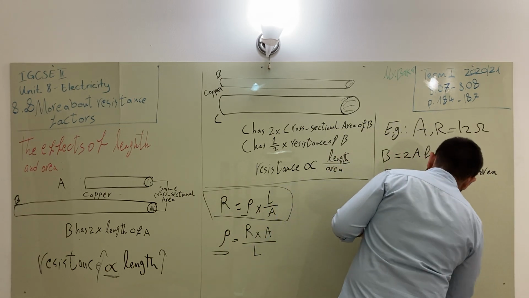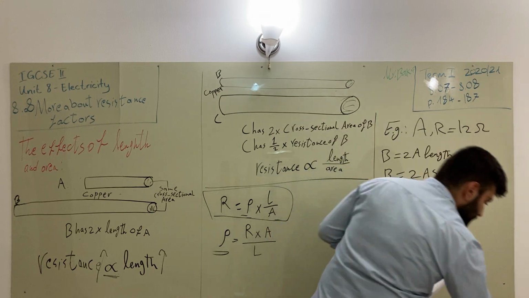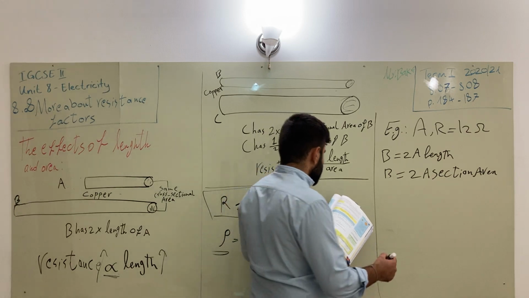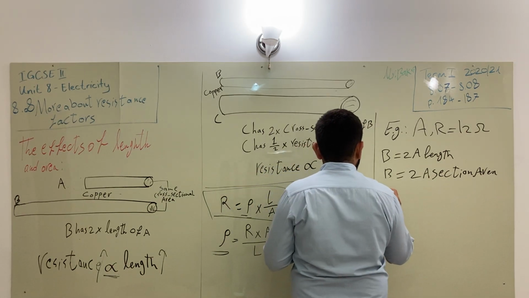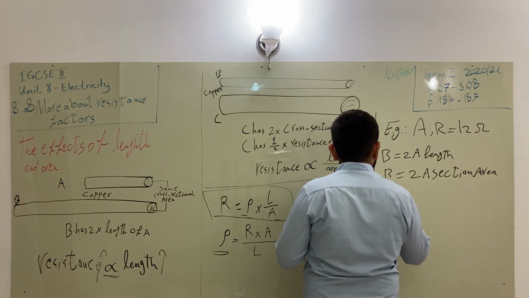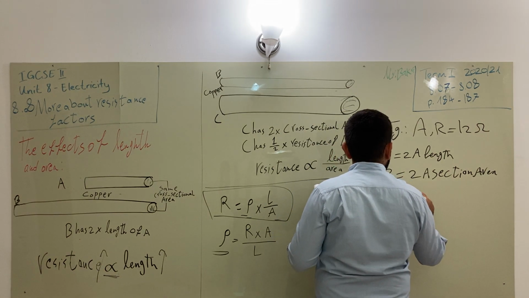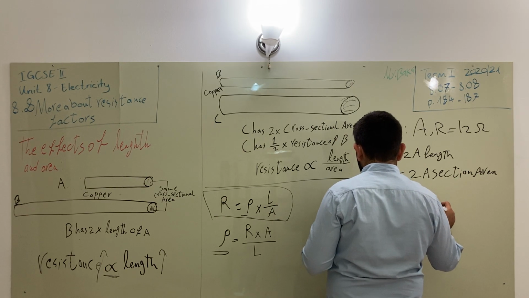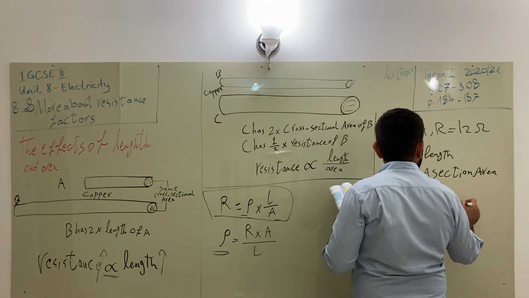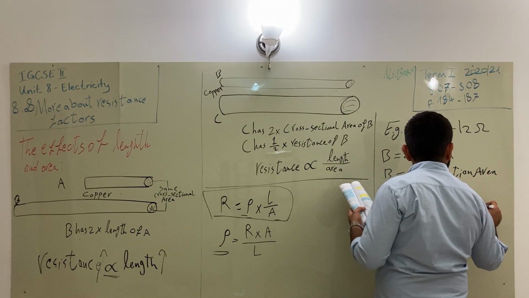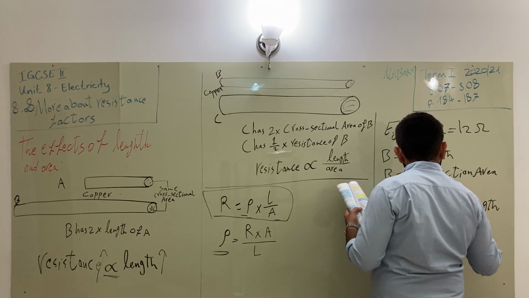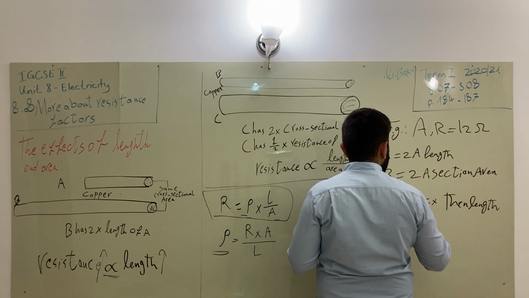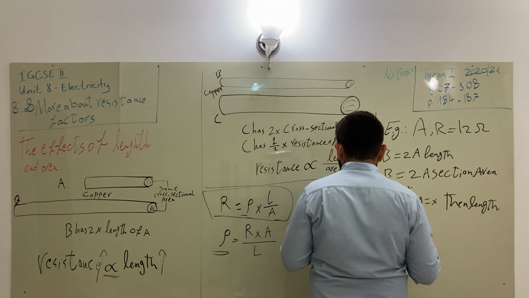So how am I going to find that? We say if length A is X, then length B is 2X, because B has double the length.